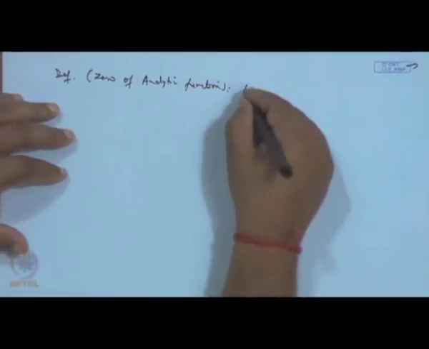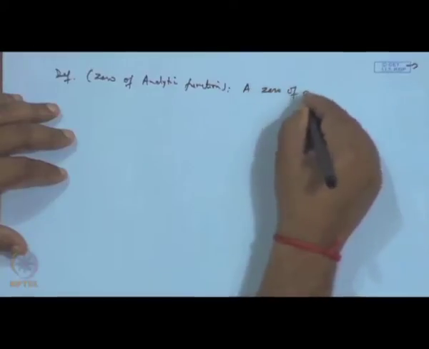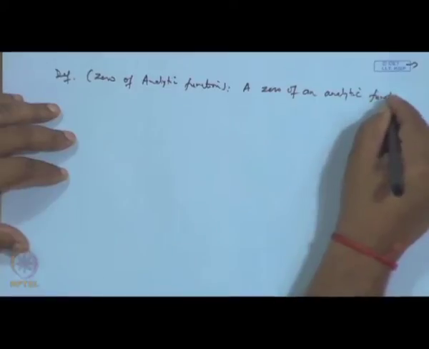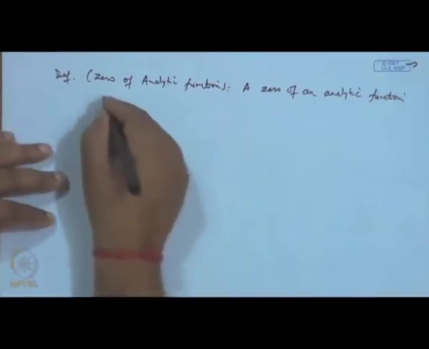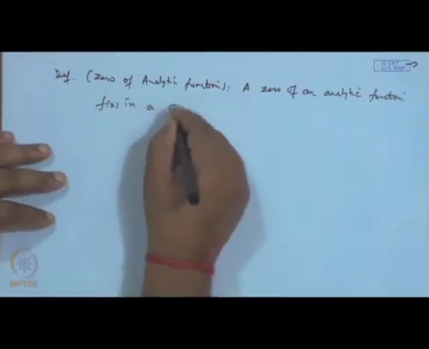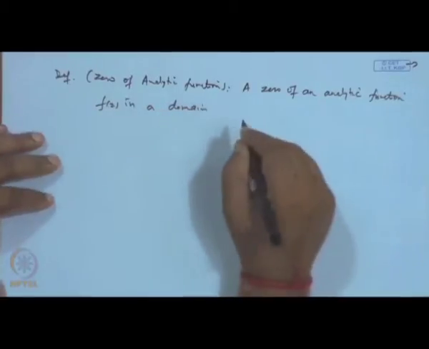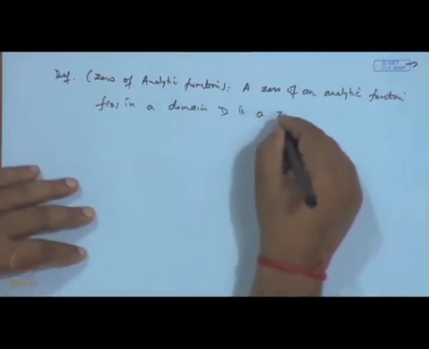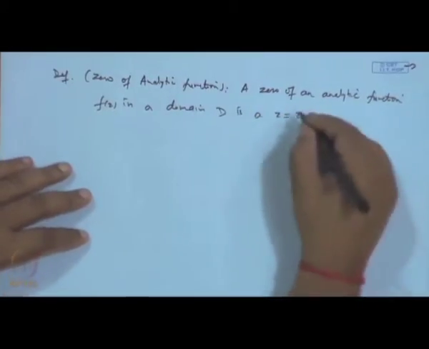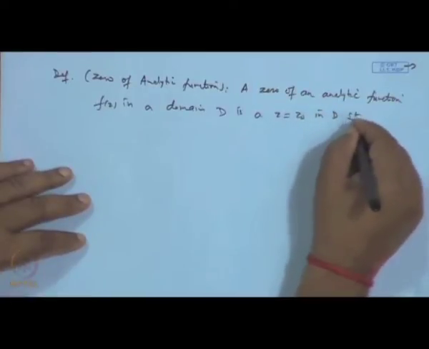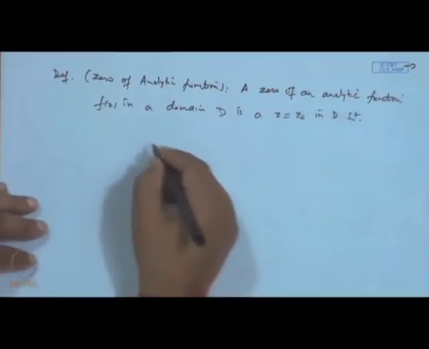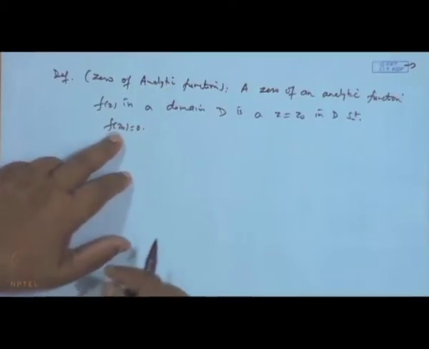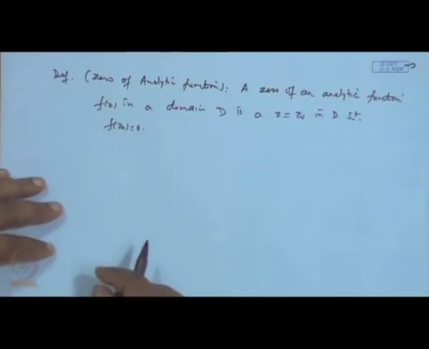A zero of an analytic function f(z) in a domain D is a point z equal to z naught in D such that f(z naught) is 0. When the function vanishes at the point, the point is said to be a zero of that analytic function.